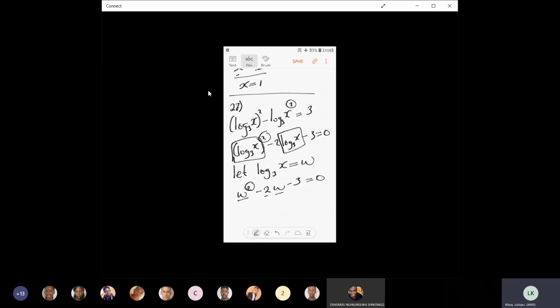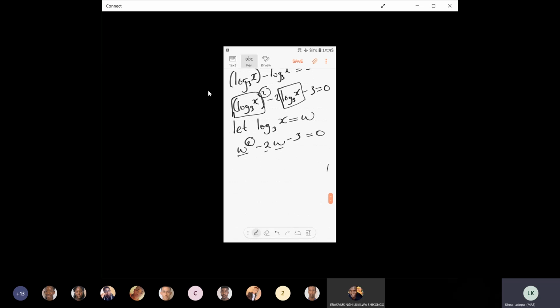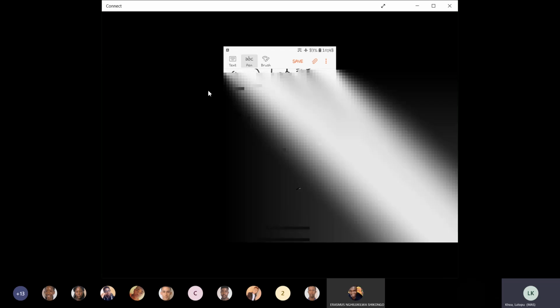Now this is a quadratic equation that you can factorize. So you know how to factorize. I open my brackets. This is equal to 0. Then the variable is w. Then I look for two numbers that multiply to give me minus 3.